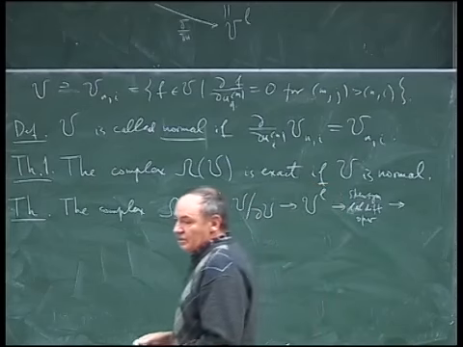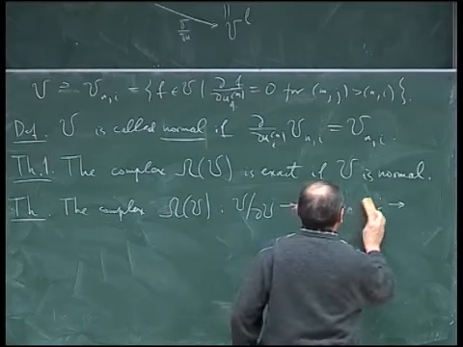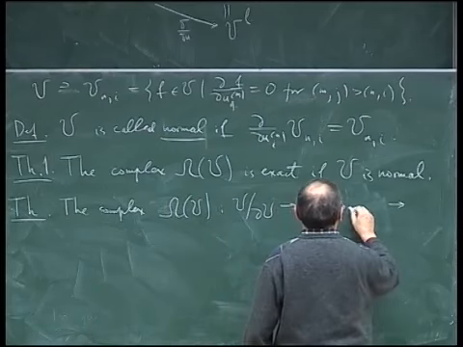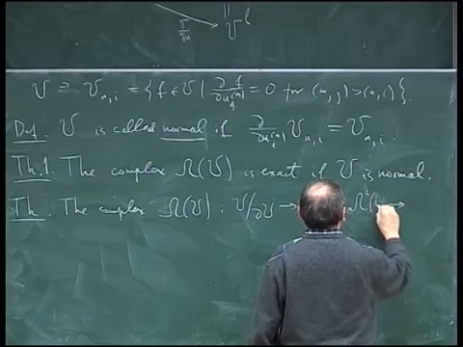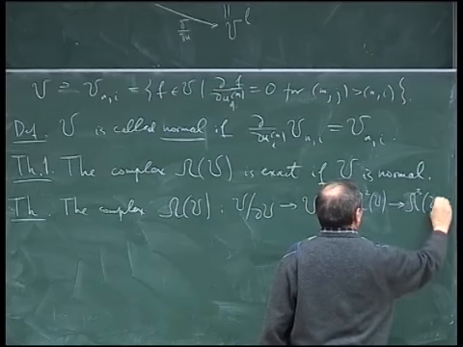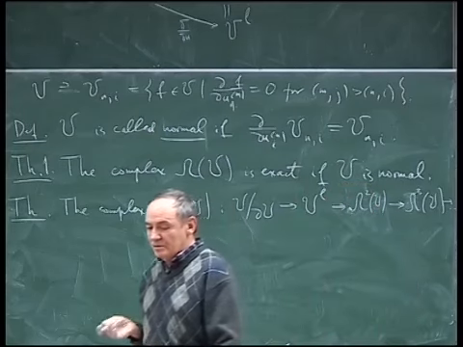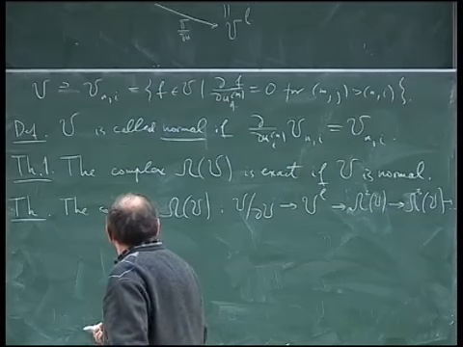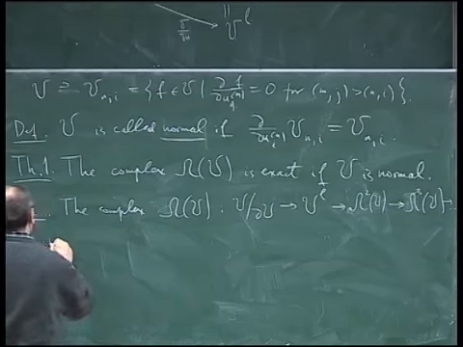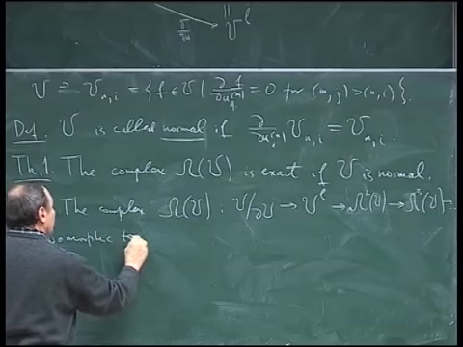Maybe I should say it in general. So this will be omega 2, omega 3, and so on. So I have to say what is isomorphic to the following complex.